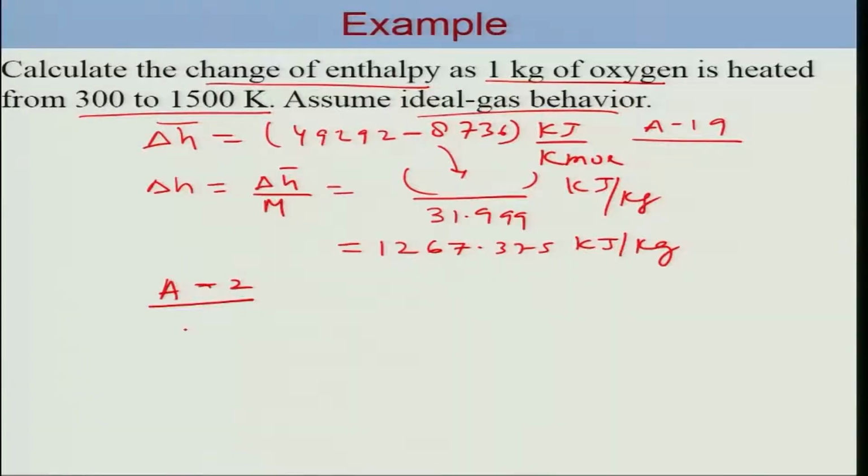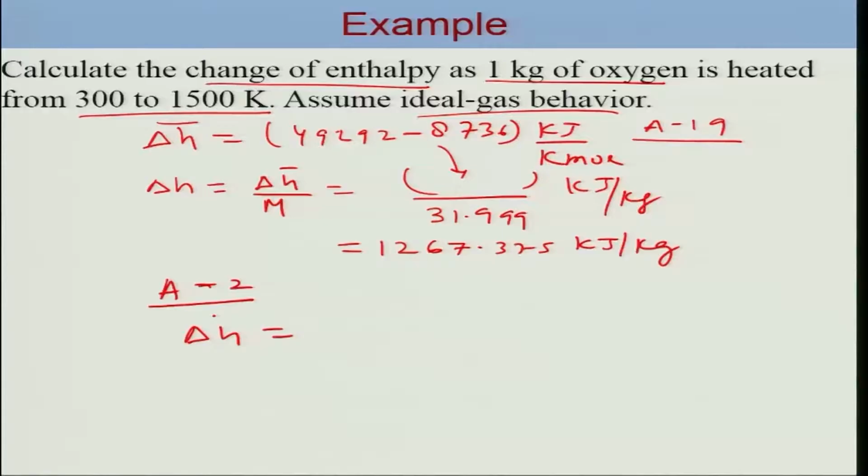So again we are going to calculate delta h. Here we are going to make use of table A2, where the values are given in terms of a polynomial function, and you can evaluate the Cp value. Cp is given as a polynomial function, but on a molar basis. So this is the second way of calculating delta h. We are going to make use of A2, and delta h bar is given as the integral of Cp dT.